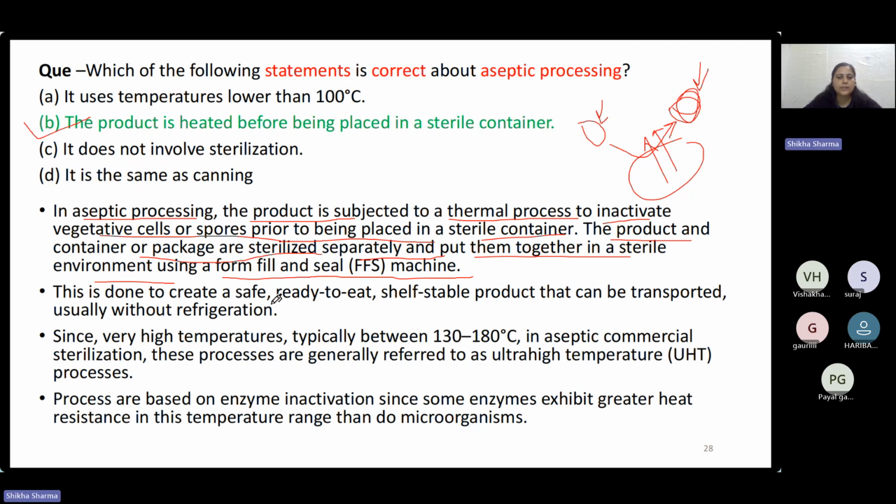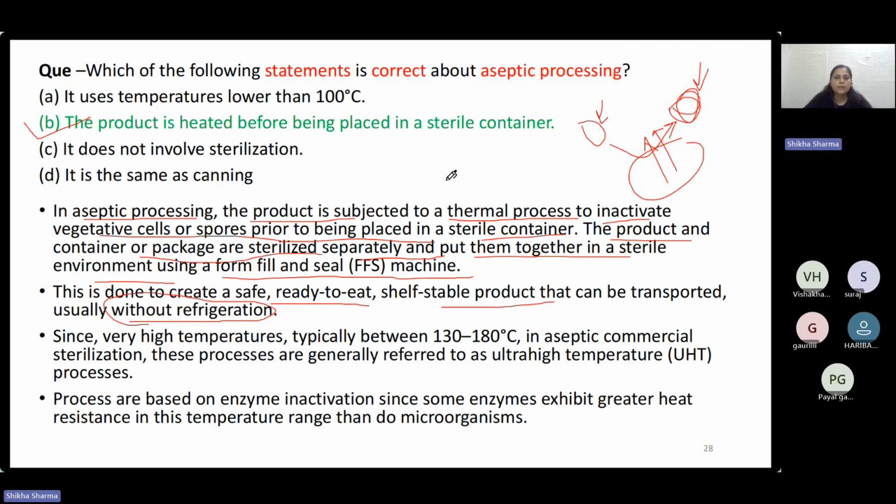This is done to create a safe, ready to eat, shelf stable food product which can be transported even at ambient or room condition. Usually the Tetra Pak milk or juice products are treated like that.